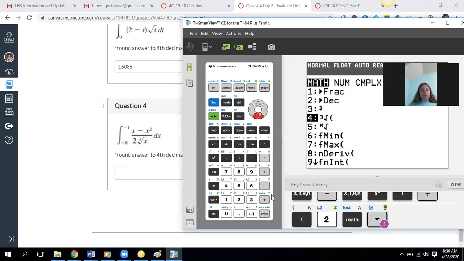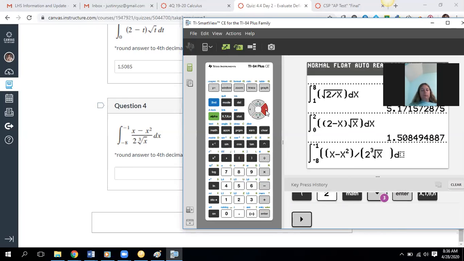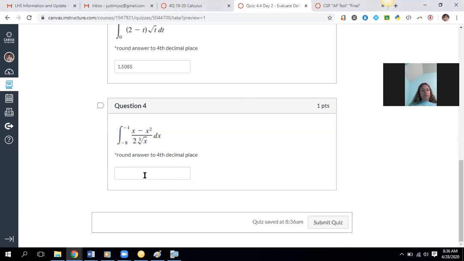I know that's a choice there for cube root of x. And I think I need to end with another parenthesis here. Yeah, okay. Oh, and then dx. All right, so 57.1125.